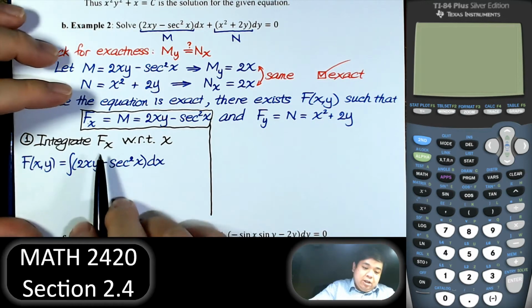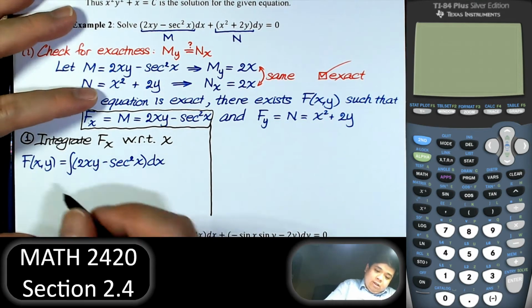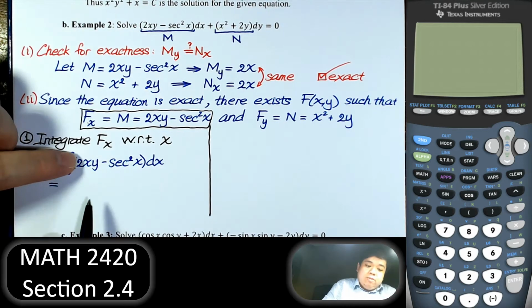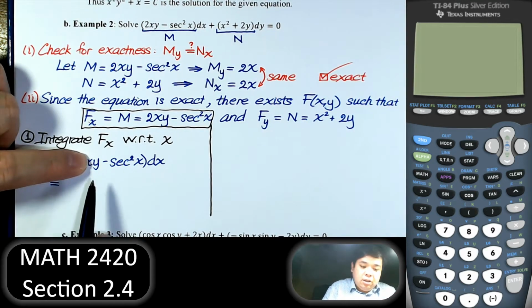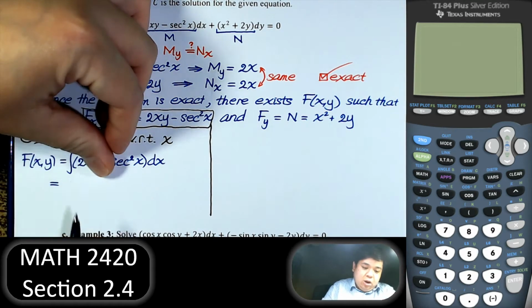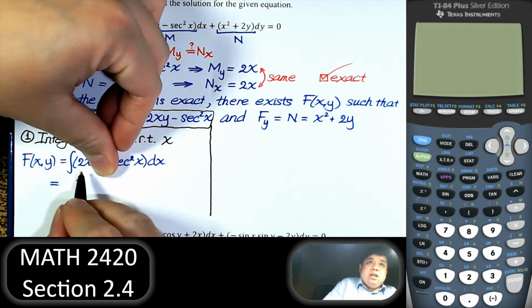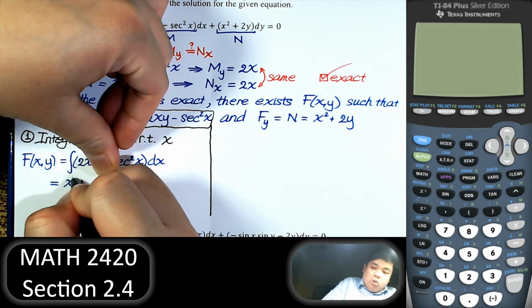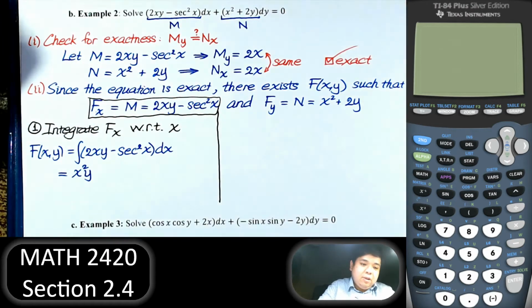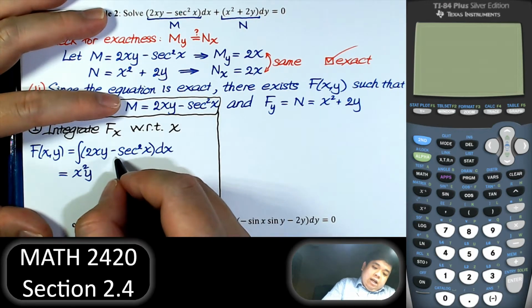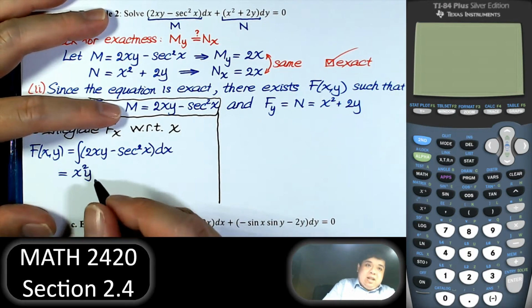Right, so integrate this with respect to x. Now with respect to x, y is a constant. The integral of 2x is x squared, so I have x squared y. And the integral of secant squared is tangent.